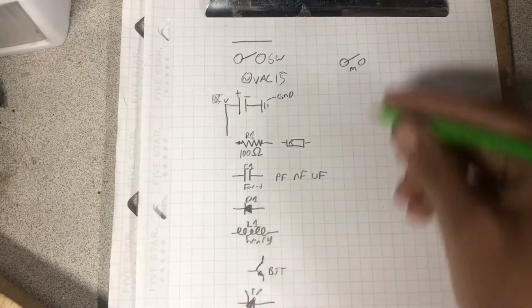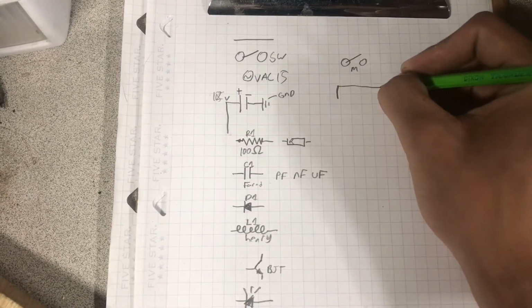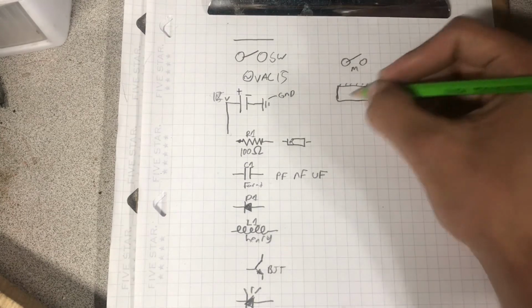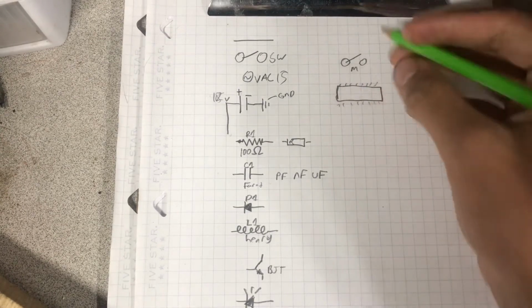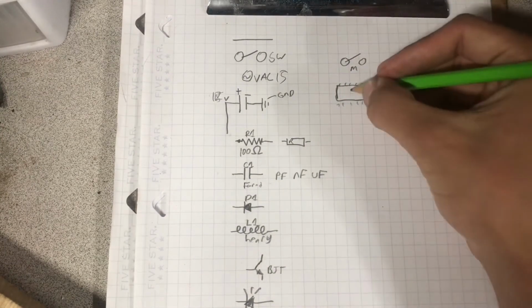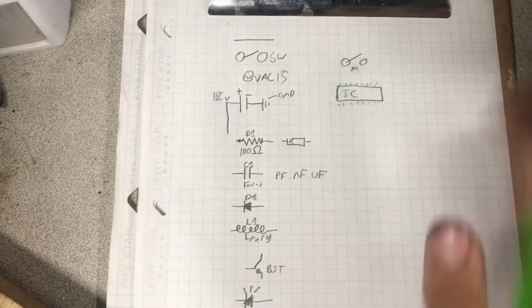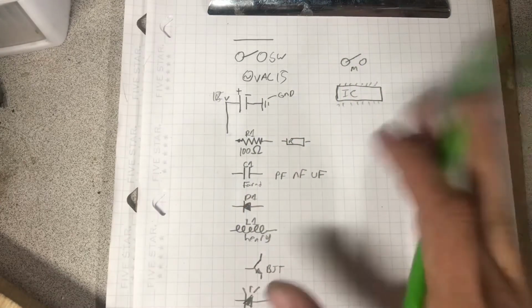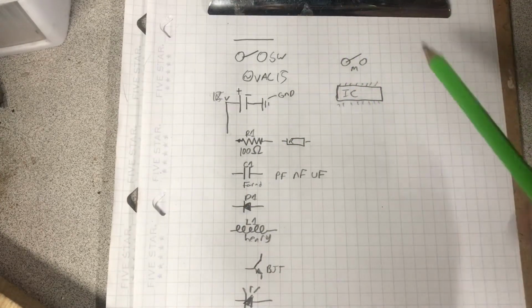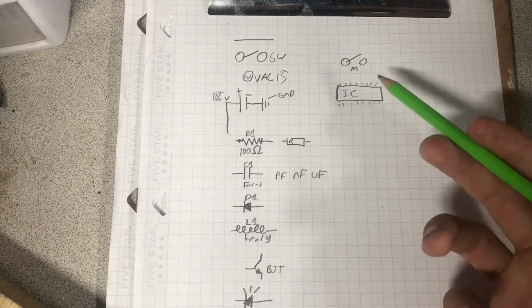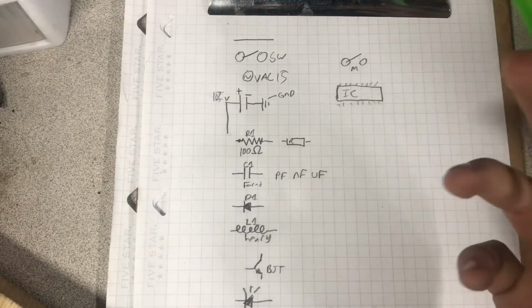There are things that you'll see sometimes, especially on PCBs, you'll see things like this. This is called an integrated circuit, or IC. And ICs can do tons and tons of different things. They're all different. Some can be microcontrollers, which is a tiny computer. Most people know that.